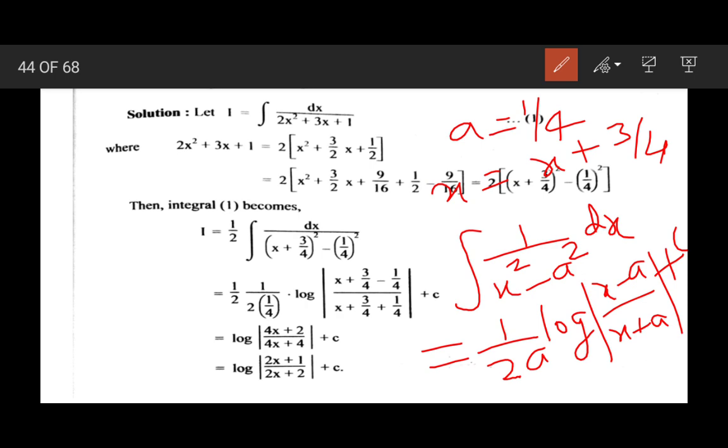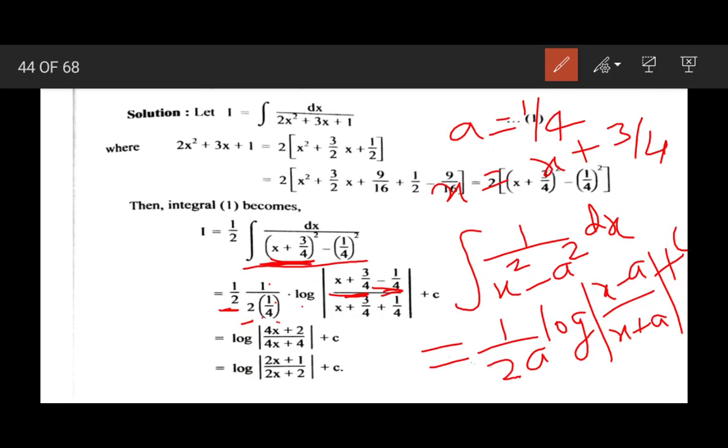By substituting that we get 1 upon 2 as it is. Now this part is 1 upon 2 into a, where a is 1 upon 4, into log of x, where x is x plus 3 upon 4, minus a which is 1 upon 4, upon x plus a, which is again 1 upon 4.